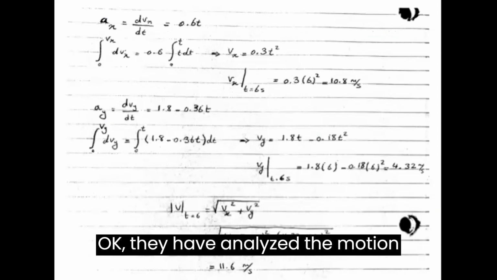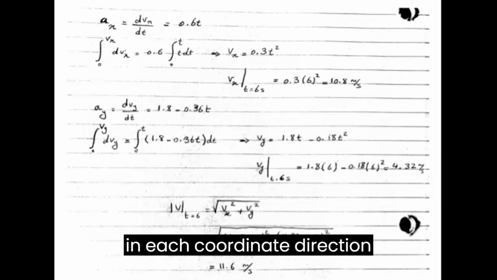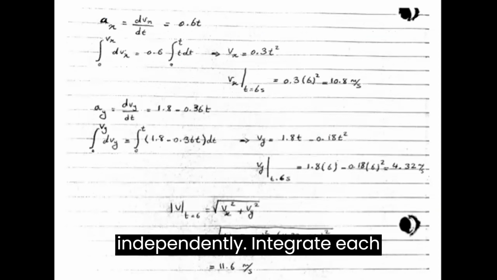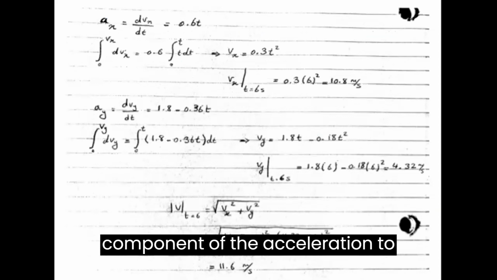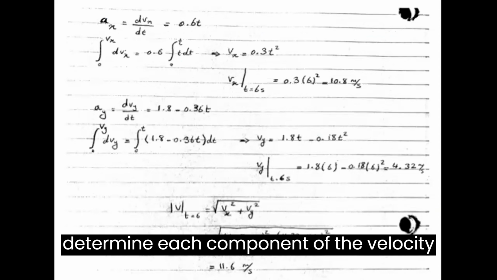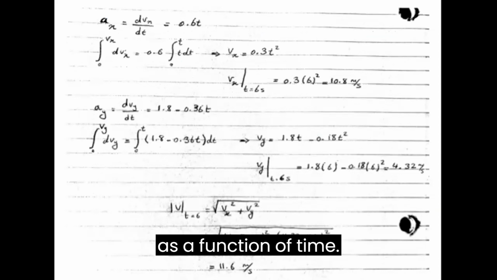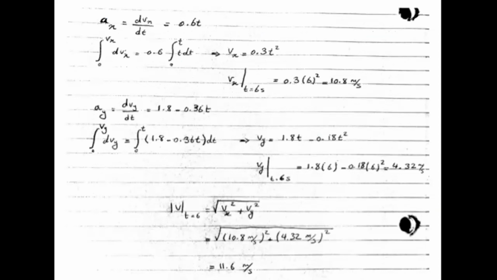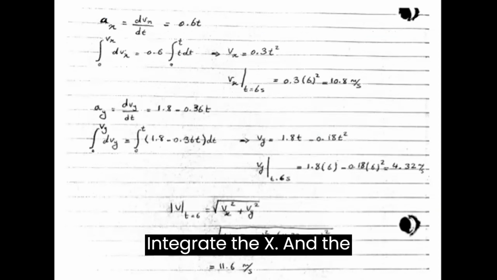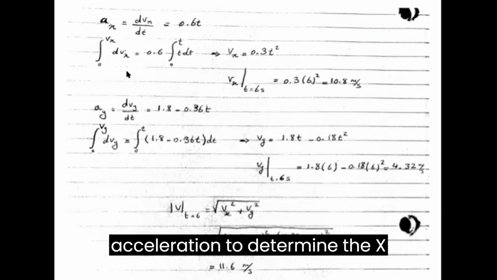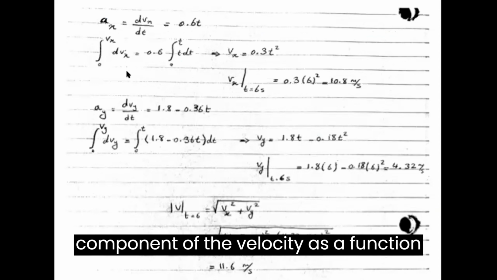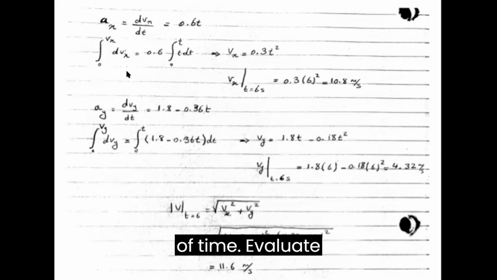Okay, we analyze the motion in each coordinate direction independently. Integrate each component of the acceleration to determine each component of the velocity as a function of time. Integrate the x component of the acceleration to determine the x component of the velocity as a function of time.